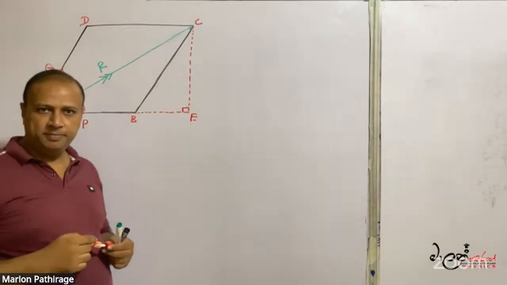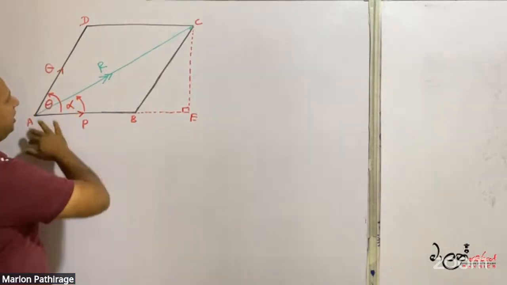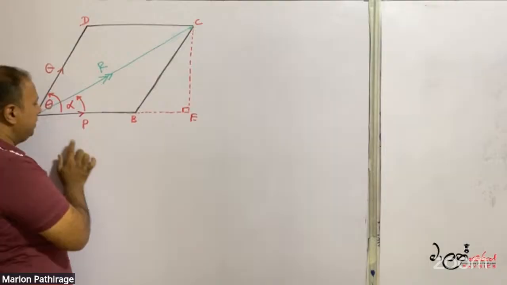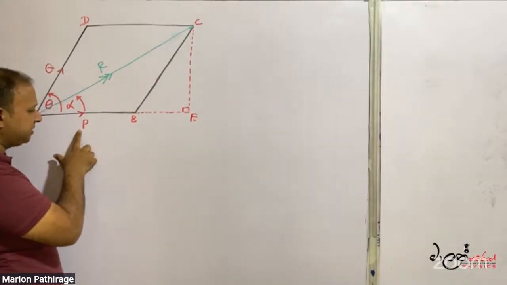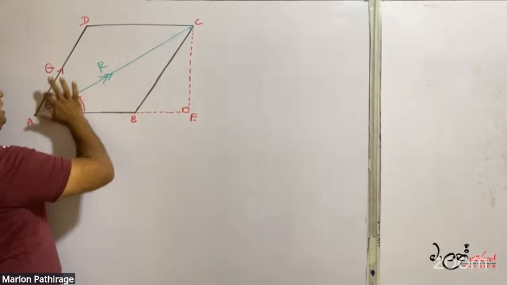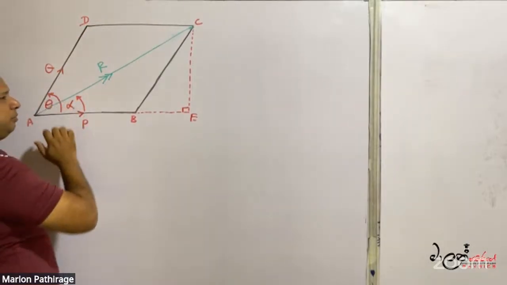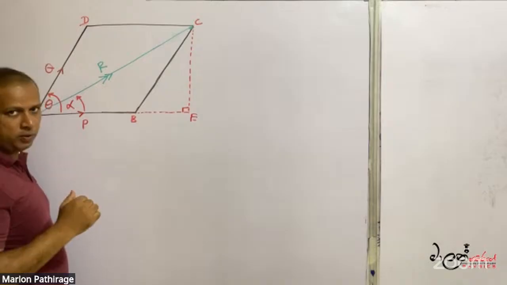Now look at this topic. Now there's a parallelogram. The AB side of the parallelogram represents the P vector. The AD side of the parallelogram represents the Q vector.